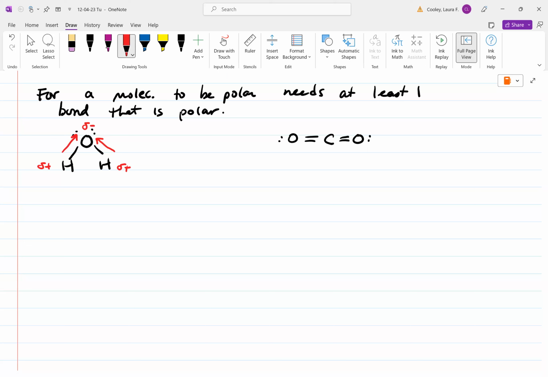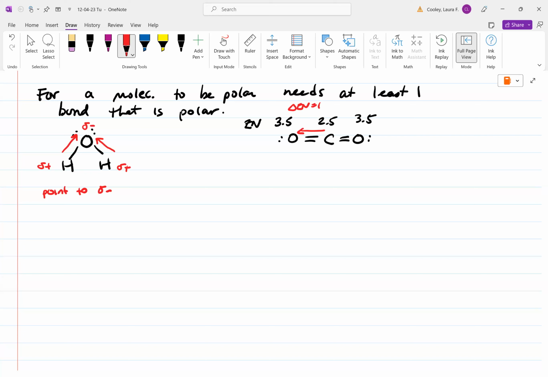The arrows point to the delta negative end, so we have these two arrows here. Now in carbon dioxide, the electronegativity of oxygen is 3.5, carbon is 2.5. That's 1, right? The delta EN is equal to 1 for both of these.